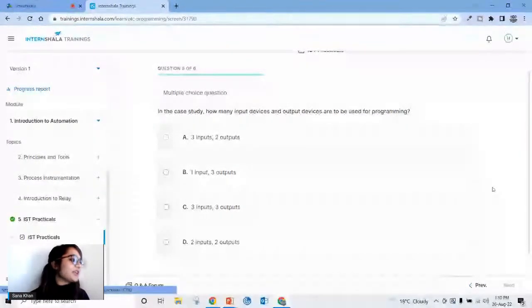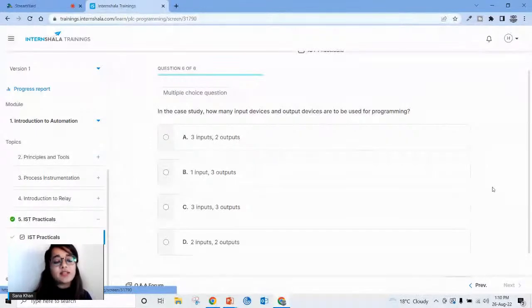Yes, that's correct. So why it's not C, A or B is because I have already said that there are two machines that I need to monitor. And if there's any fault in that, so that becomes my input that I need to take in. And what are the two outputs over here?